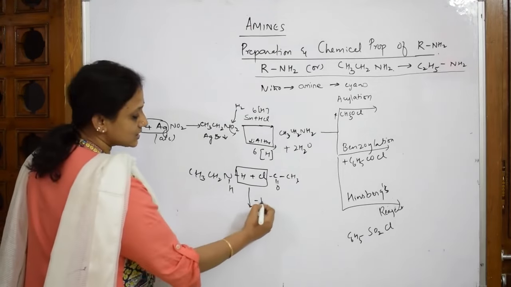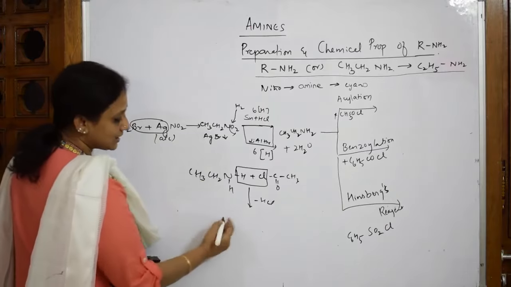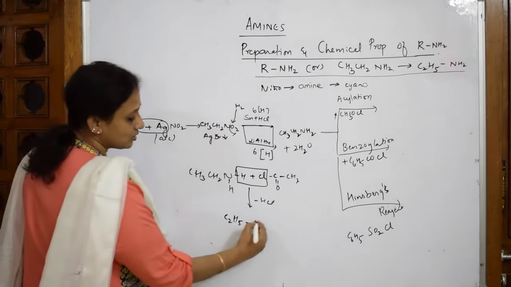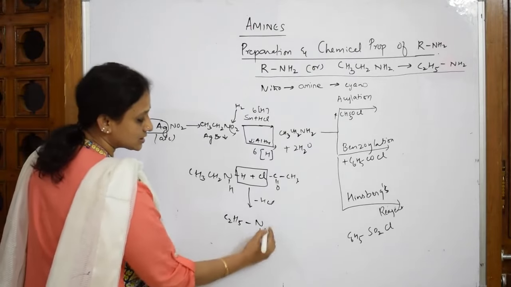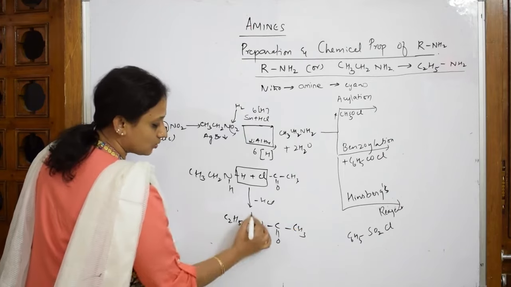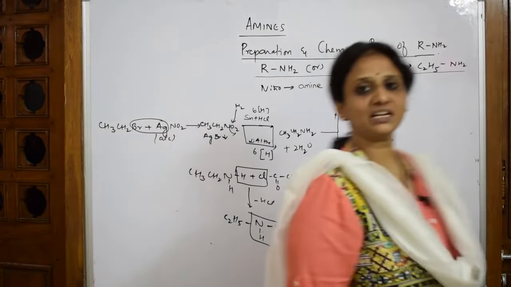Now when HCl is eliminated, this group goes and joins to this group. So I'll write this as C2H5, not a problem, right? So now NH, this is C double bond O, this is CH3. Now what is this compound? This is called an amide.